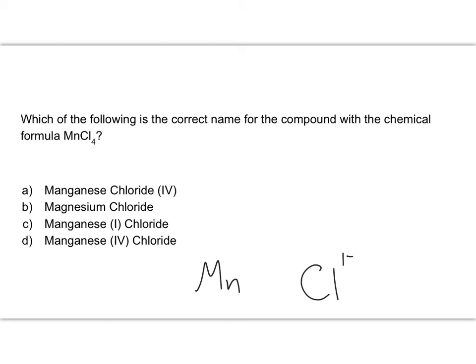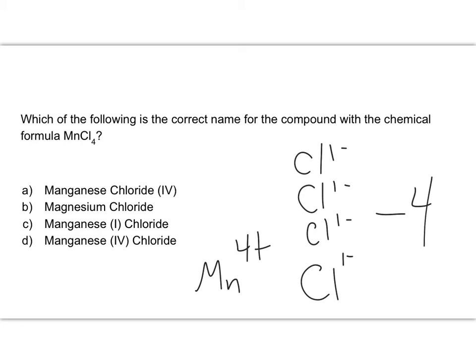So we need to figure out, well, it's chlorine -1 times 4. So there's 4 of those. That means a total charge of -4, which means the total positive charge has to be +4. So we have manganese(IV) chloride, with the Roman numeral 4.